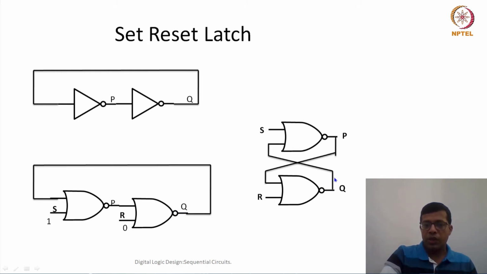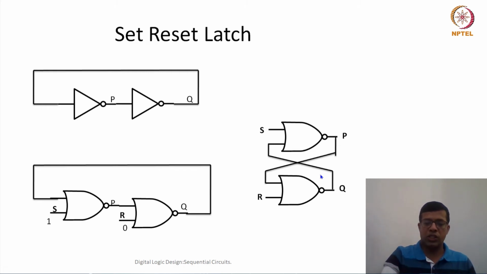So the other input is coming from the Q, and the output of this particular NOR gate is P. Now for this particular NOR gate, one of the inputs is coming from P, the other input is coming from R, and the output is Q. So just remember that my R is connected to a NOR gate whose output is Q, my S is connected to a NOR gate whose output is P. This cross coupled circuit you will see more popularly in books or other resources.